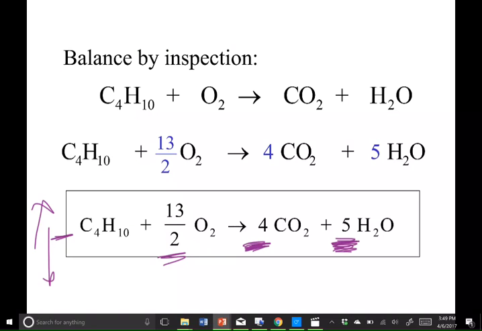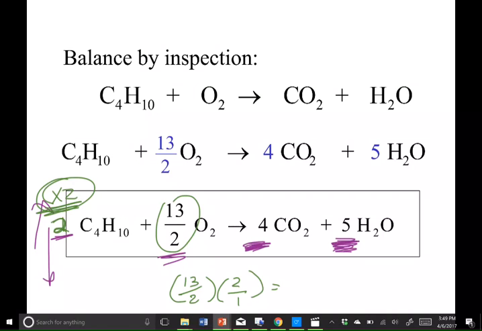So actually I could scale everything up by 2. If I did it by 2, I would take 2 of these. What's 13 halves times 2? I get 13. So if I scale this 13 halves up by 2, I get 13. Oops, I should put this up here.